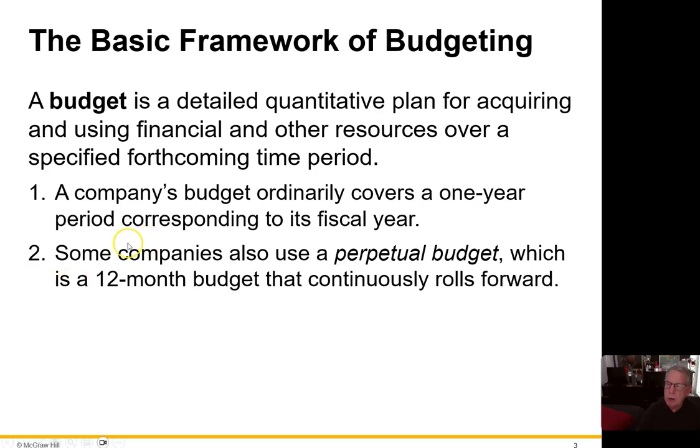And then in number two here, some companies may use a perpetual budget, which is a 12-month budget that continuously rolls forward. My experience has been that that's rarely done. Specific planning will be done on a rolling 12-month basis, but usually number one is what a company's going to do because it takes a tremendous amount of time to do properly.